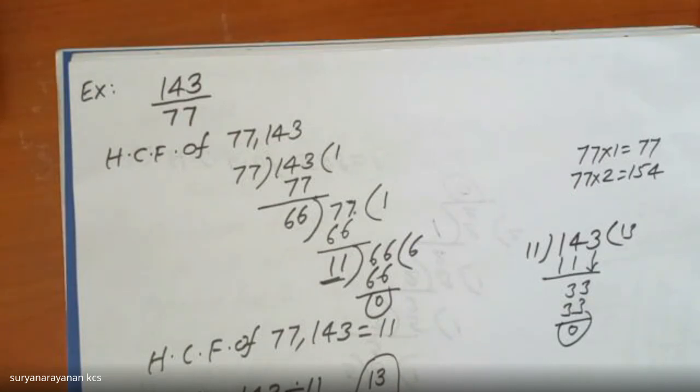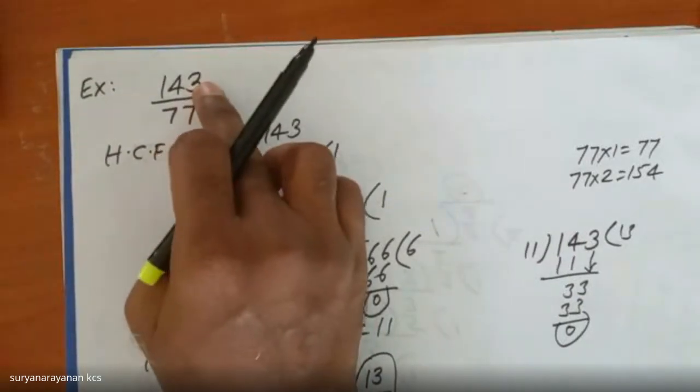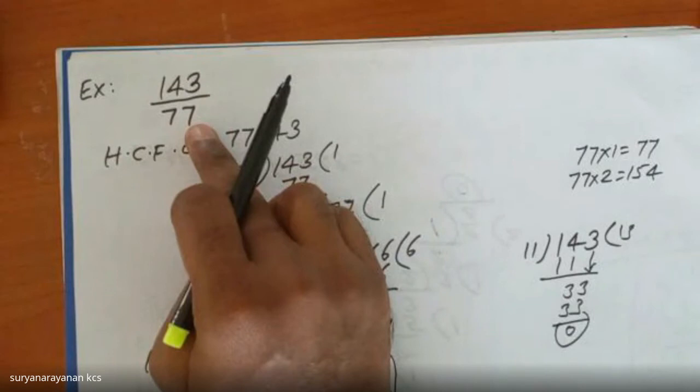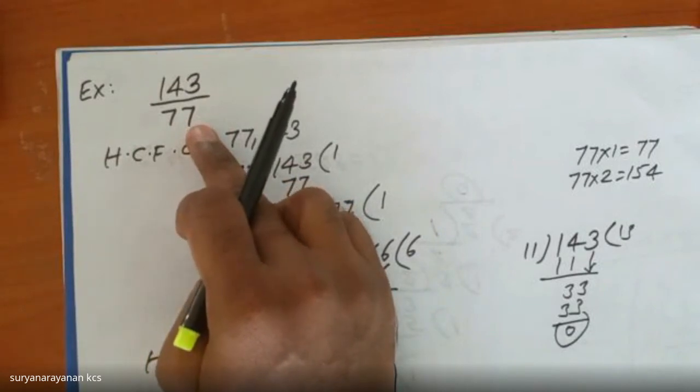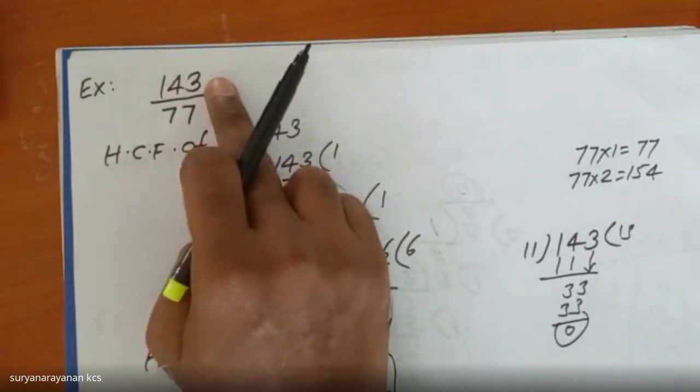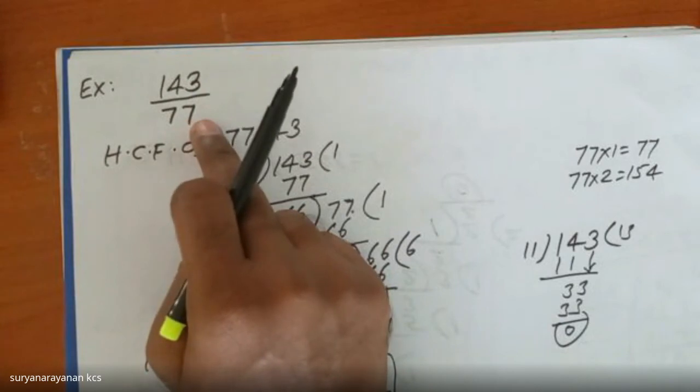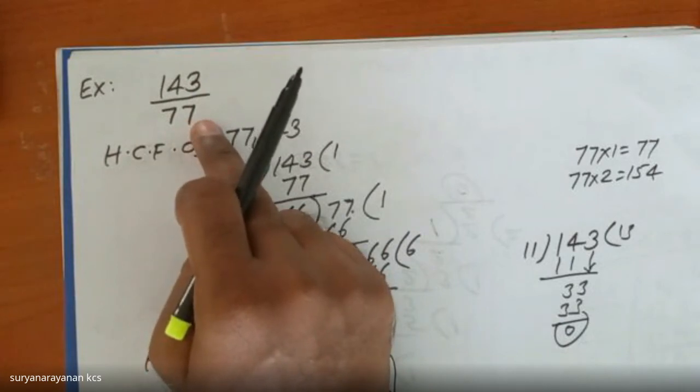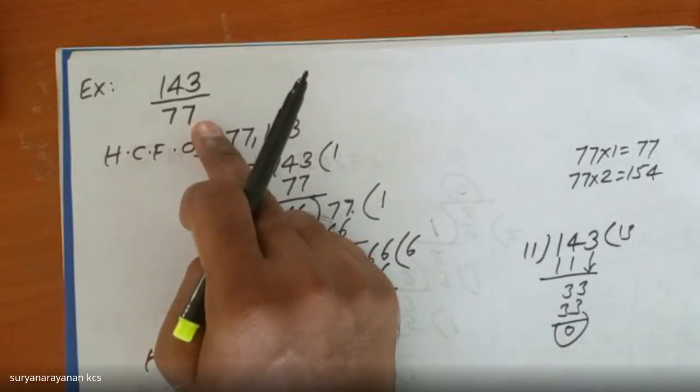But it may be difficult for some students to write the numerator as a prime factorization and the denominator also as a prime factorization. We have to write prime factorization for the numerator as well as for the denominator.